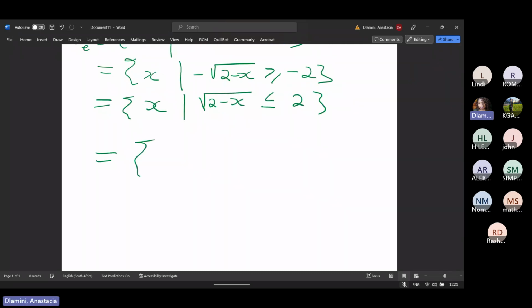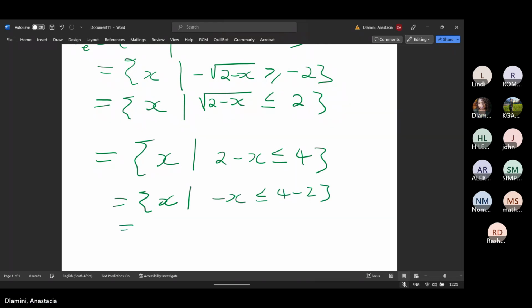Now, this x, so square both sides, as you said: 2 minus x less or equals to 4. So this is x, then minus x less or equals to 2 minus 2. If I don't do it step by step, I'll forget.